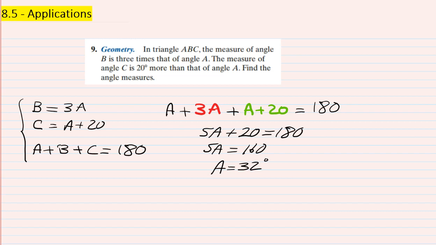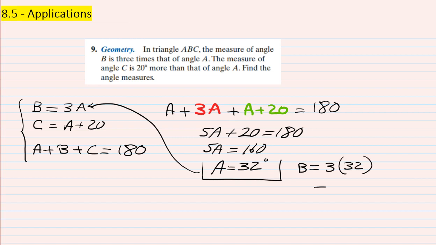Now, once we have the measure of angle A, we can substitute for A in here and solve for B. Therefore, measure of angle B is going to be 3 times that of A, and that makes it 96 degrees. The measure of angle C is that of A plus 20, and A was 32. 32 and 20 makes 52 degrees.